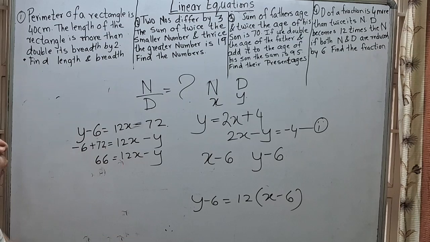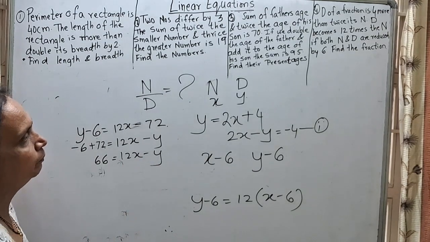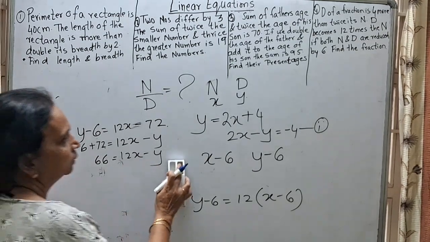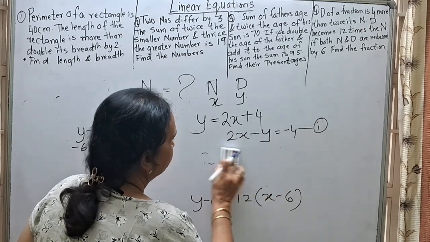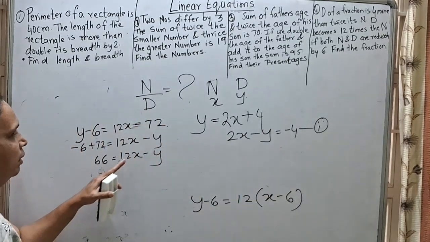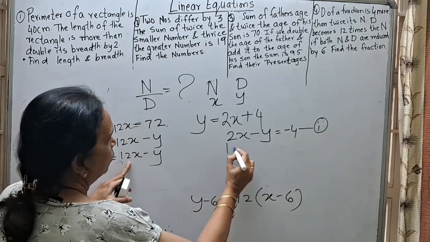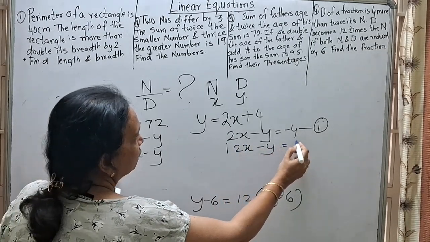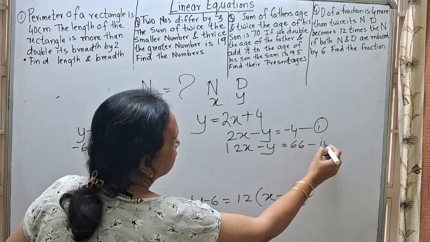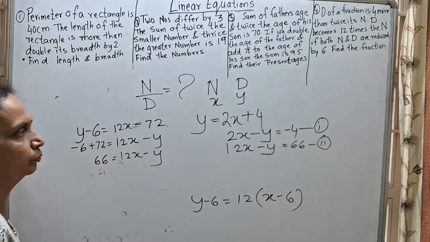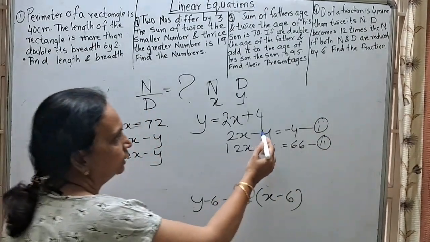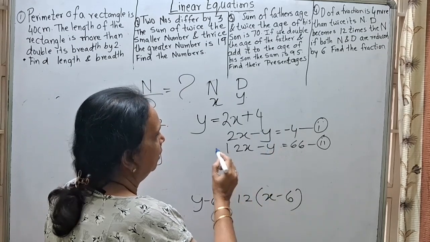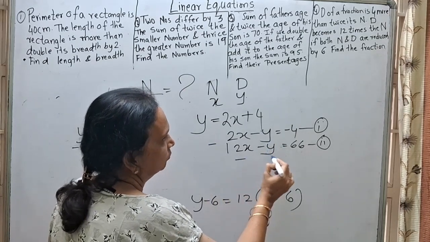Nothing is common, so I am going to write this as it is. I will erase this, and now I will write this equation: 12x minus y is equal to 66. This is my second equation. Now the coefficients are the same and the signs are the same, so I am going to do subtraction.